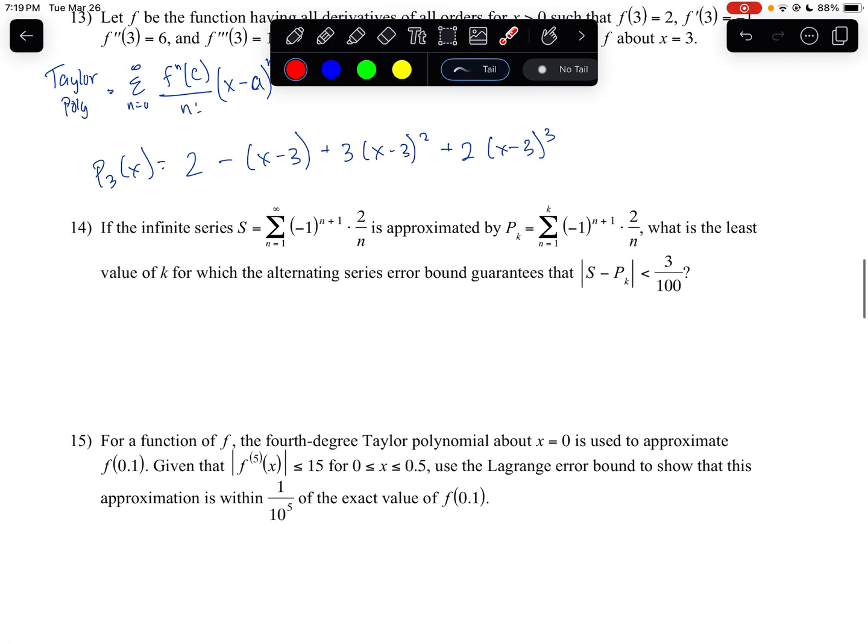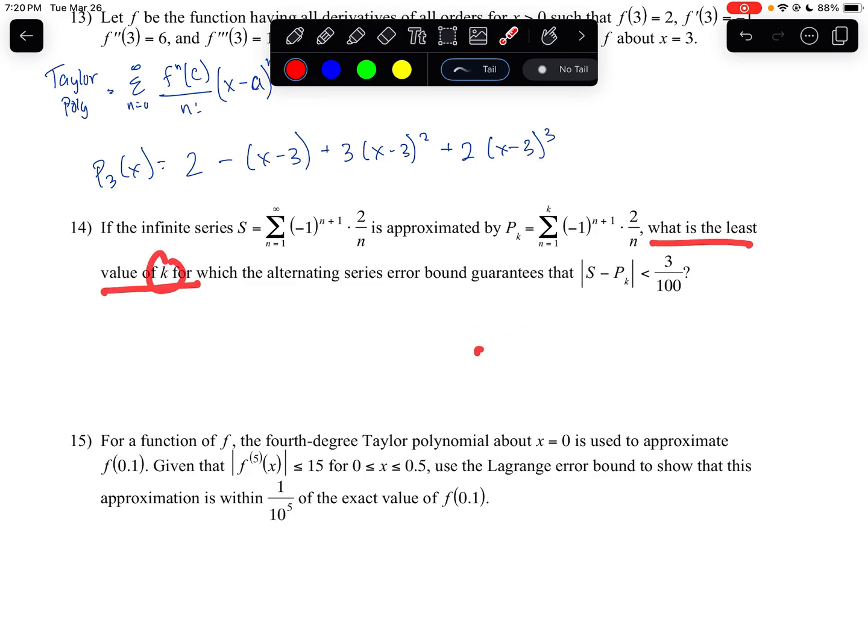14. If the infinite series, so here's the series here, is approximated by p sub k, that's polynomial notation. So basically it's saying that you're going to have a polynomial with k terms that's going to be truncated. What is the least value of k?